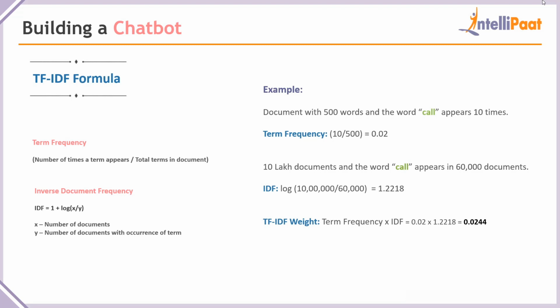As soon as we multiply these, we get a number, 0.0244, and this number gives context to your machine, saying this is the weight of this particular term in these documents. So after you find the term frequency and the inverse document frequency, you will arrive at the weight of your word across the total number of documents.